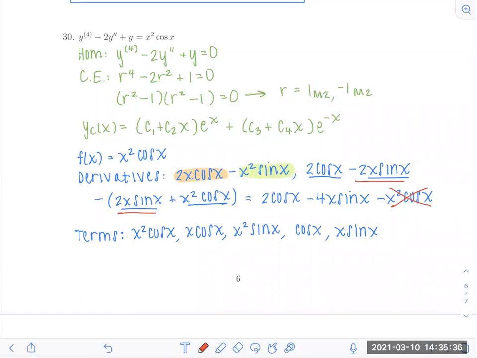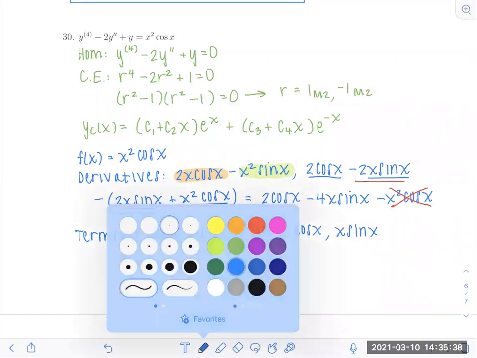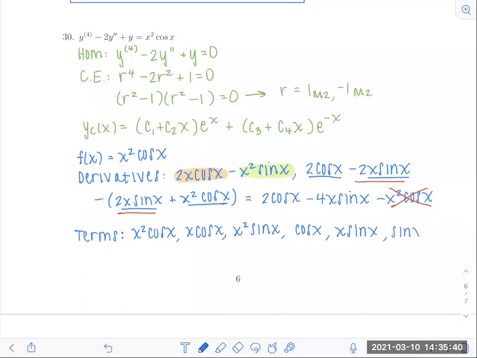It's going to give us a sine function. So I'm going to go ahead and add that into my terms. And then how about that x sine x? I'm going to get an x cosine x out, and I'm also going to get a sine x out. So I see both of those other terms in there. So at this point, I'm just going to say, I'm done.